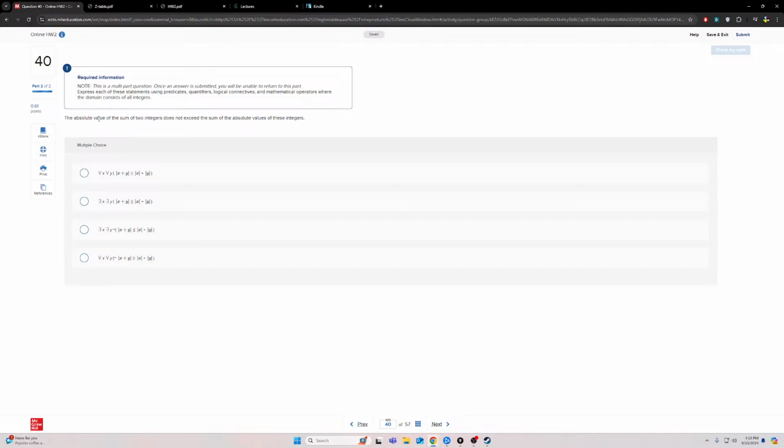Absolute value of x and y added together is not greater than the sum of absolute values. Okay, so absolute value of x plus y is not greater than, so it's less than or equal to, the sum of absolute values. So this one: absolute value of x plus y is less than or equal to absolute x plus absolute y.